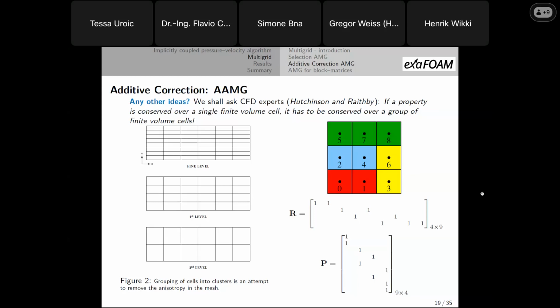In this way, you're basically making the spreading of information in your Jacobi or Gauss-Seidel efficient in all directions in the mesh. As you can see on the fine level, the spreading of information is much more efficient in the direction of the y-axis due to the face area, which is much larger. Okay, next slide, please.